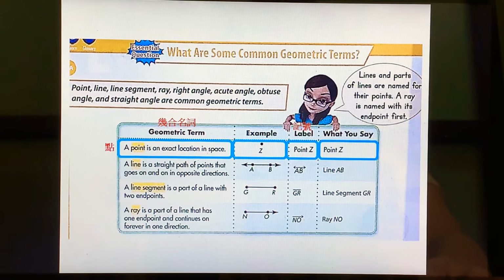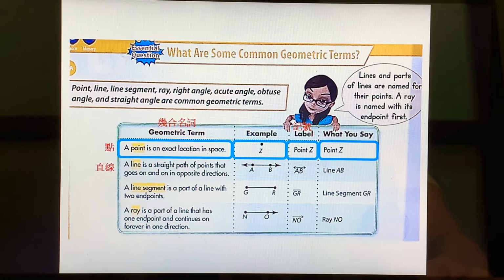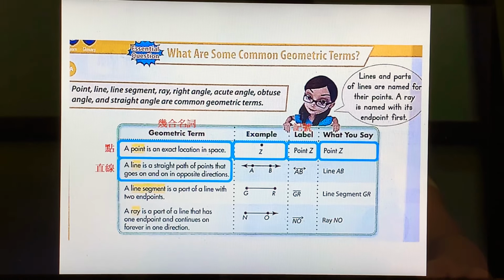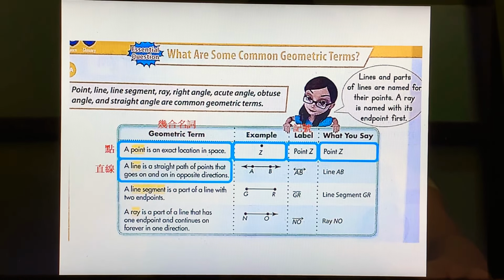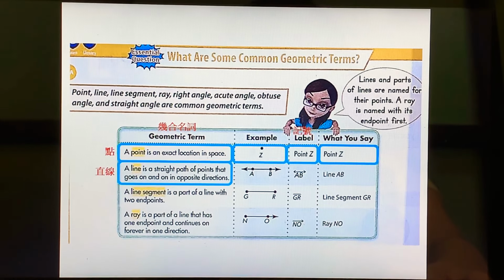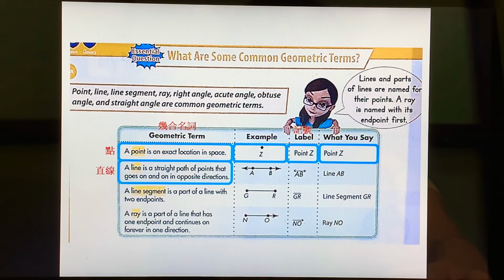Next term is line. 直线. A line is a straight path of points that goes on and on in opposite directions. 直线，空间中的任意两点连起来可以形成一个直线。这个直线是可以无限延伸的，go on and on in the opposite direction.